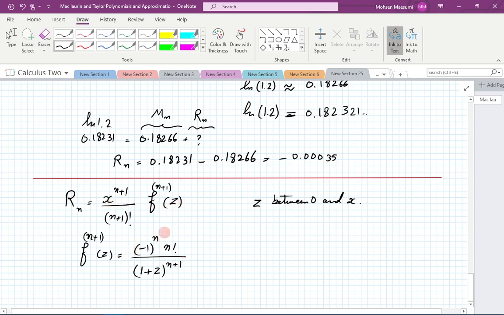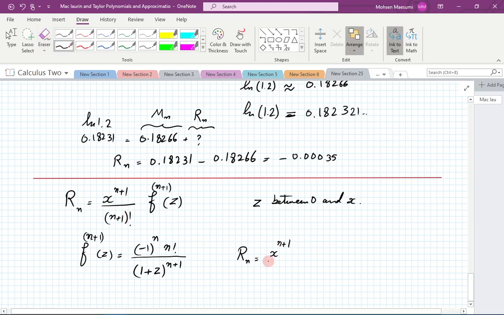This is particular to the problem that we are looking at. This is general. So I'm going to take this and plug it in that one, and now my Rn becomes x to the power of n plus 1. Then I have minus 1 to the power of n. Well, let me write it one at a time so that things do not get mixed up.